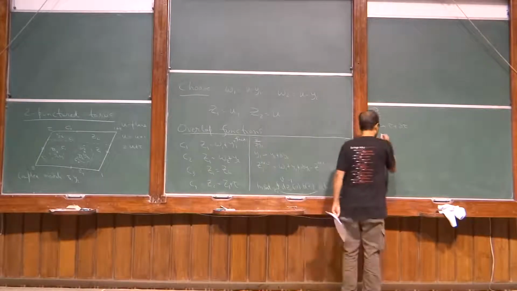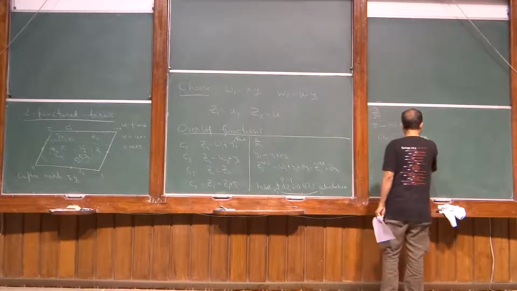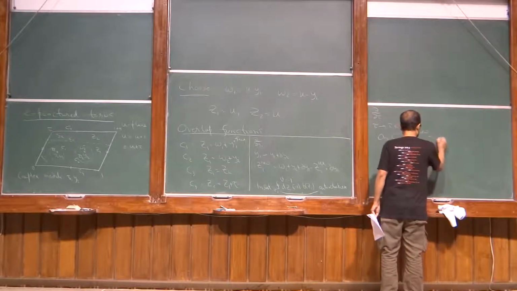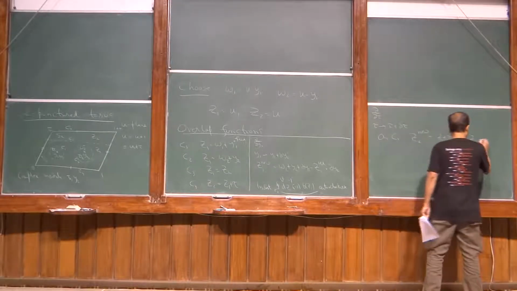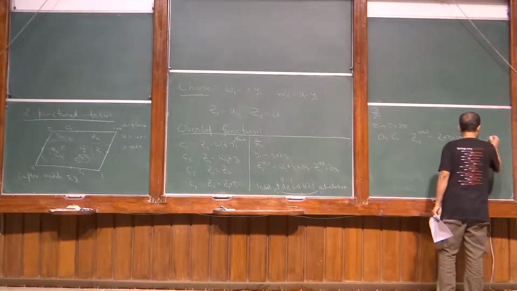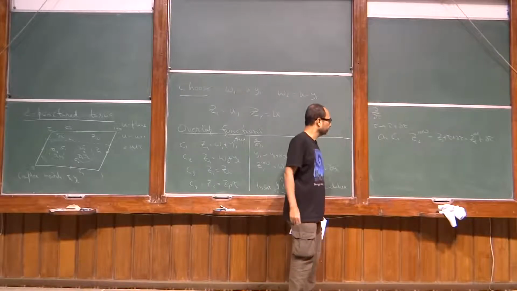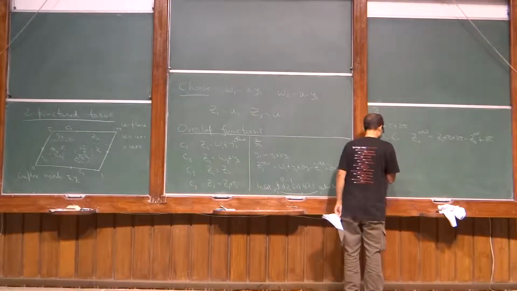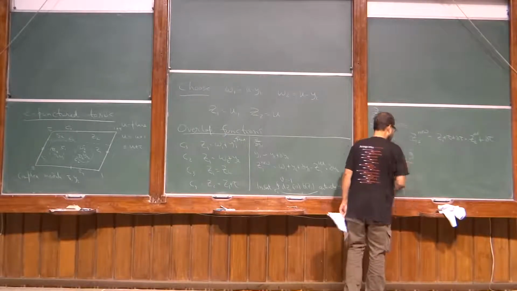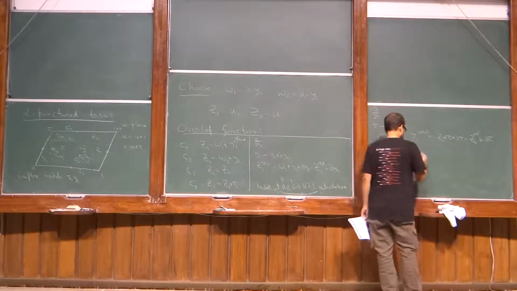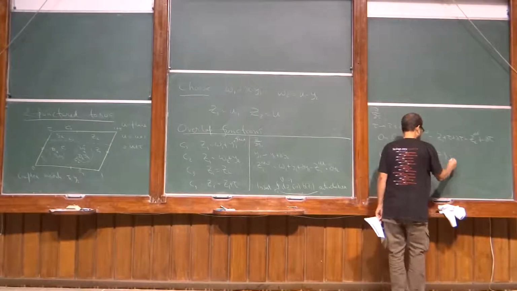So on C4, we have Z2 new equal to Z1 plus tau plus delta tau, which is Z2 old plus delta tau. So insert integral over C4 minus 1 d of Z2, dz2.